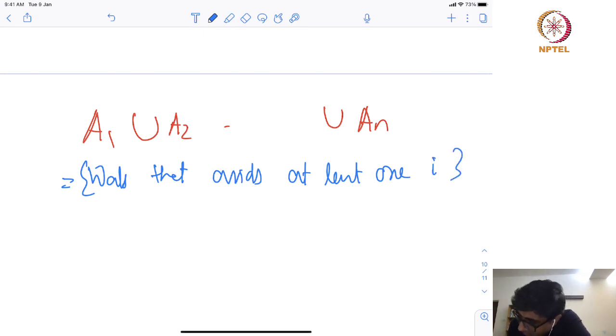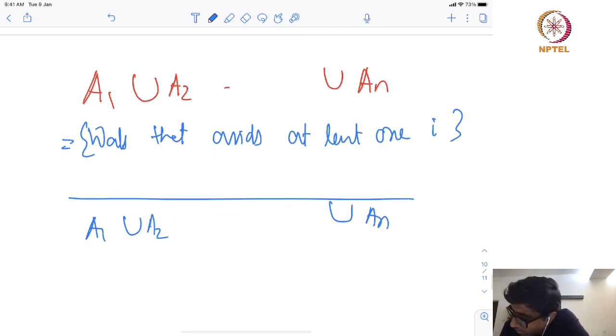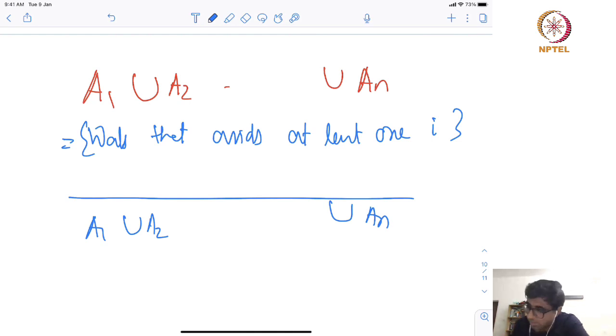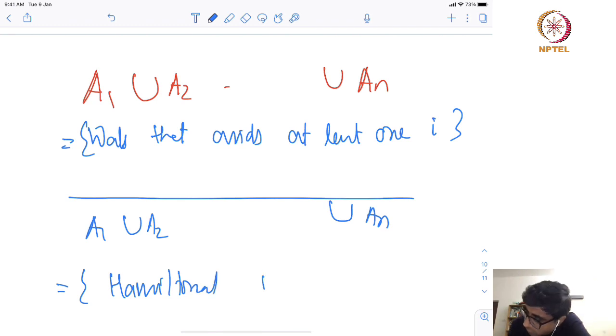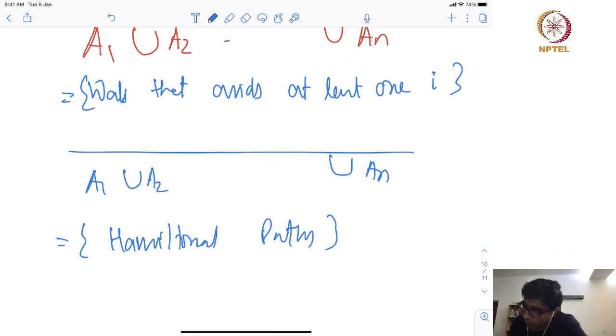So what is the complement of A1 union A2 union An? This is basically going to be the Hamiltonian paths, right.